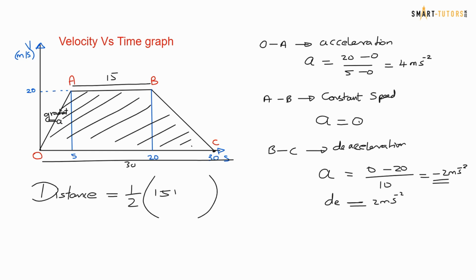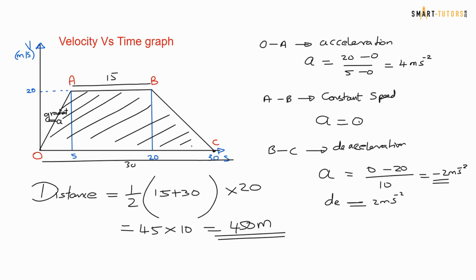So 15 plus 30 divide by 2 times by height is 20. So 45 times 10 is 450 meters. That is the section you need to understand. So the distance can be found out by the area. Gradient gives the acceleration. Slowing down means deceleration.